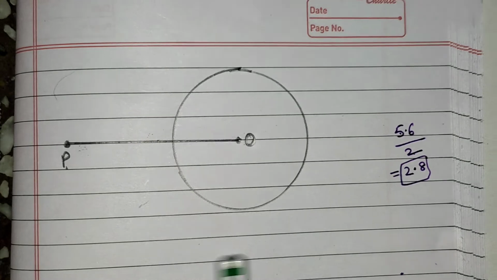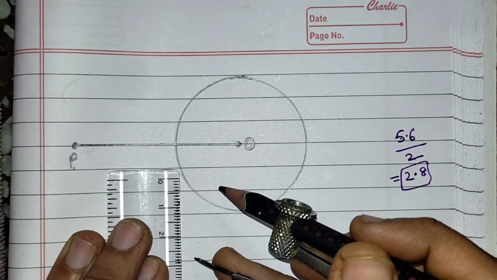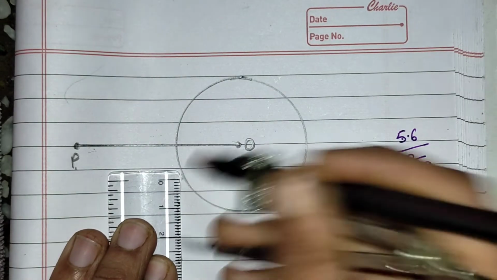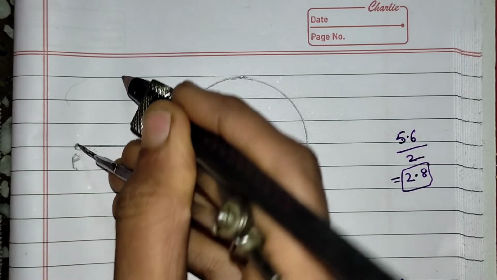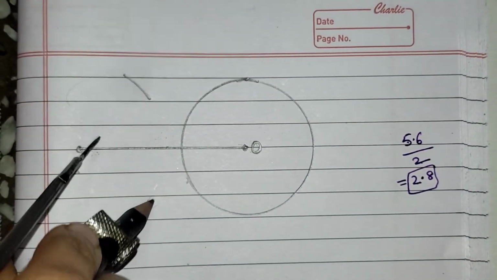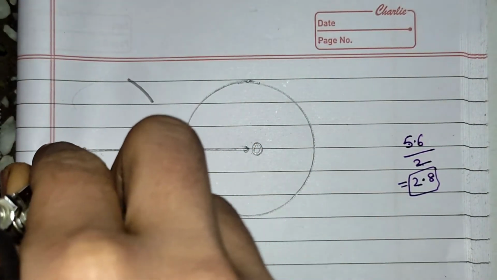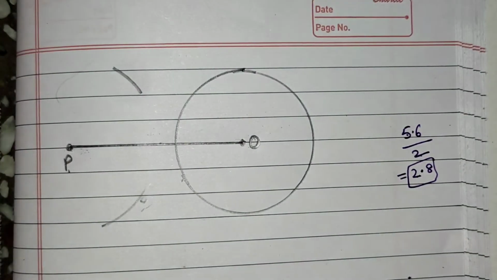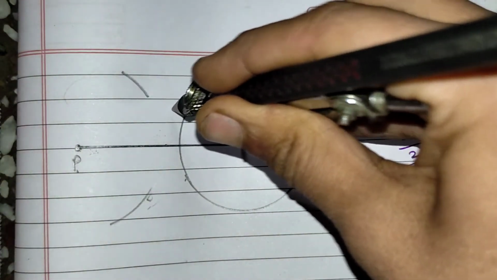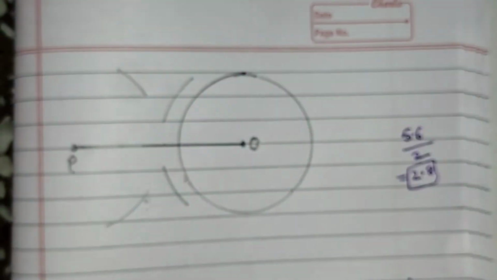So I will open my compass equal to 2.8, this much, and draw an arc upper and draw an arc at the lower position from the same point P. Okay, and from the point O also I am going to draw an arc here and an arc here.